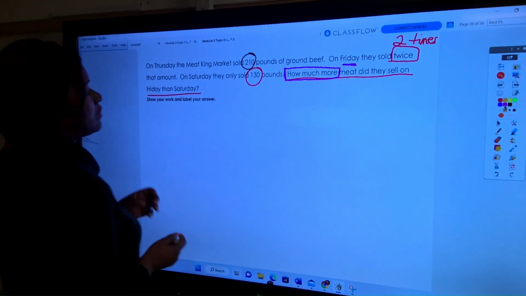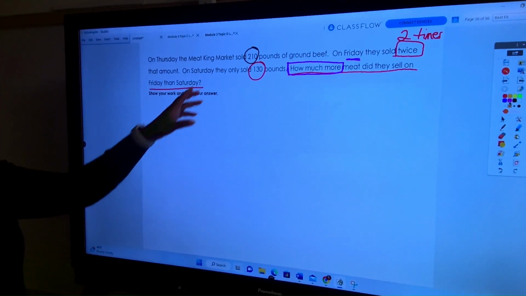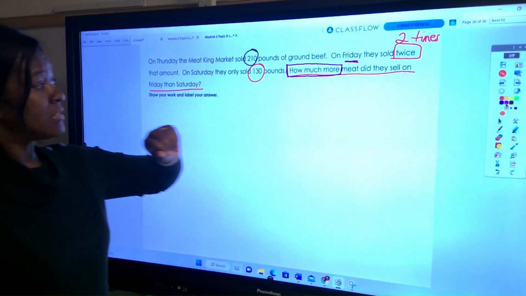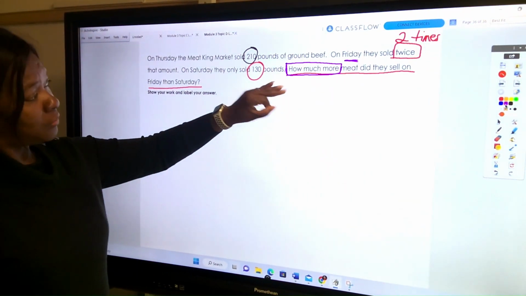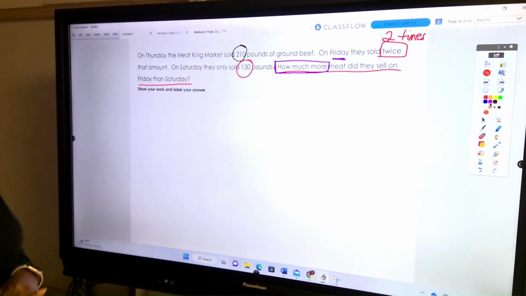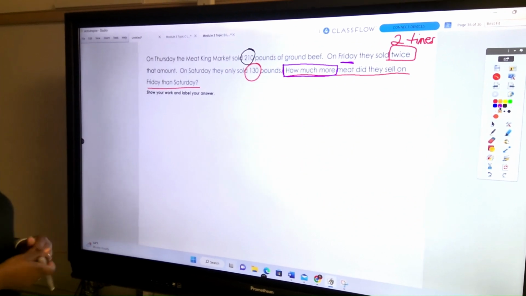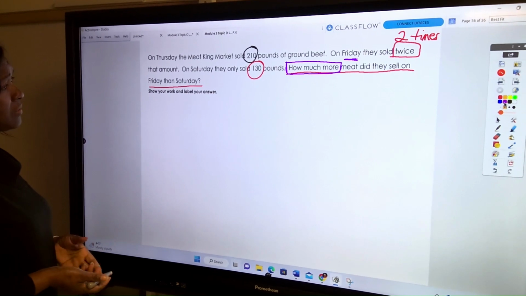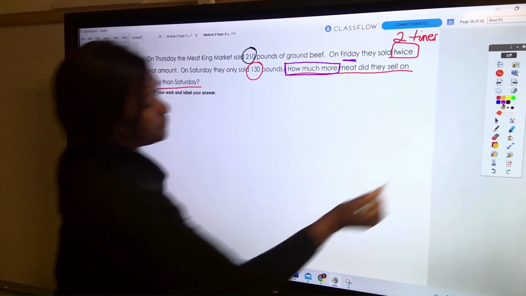So now we know what our numbers are that we're working with: 210, 130. We're doing 2 times, and we also know our clue, our keyword is how much more, which means that we're going to be subtracting. The next step is to evaluate and try to see if we can draw a model or something that represents what we're thinking.